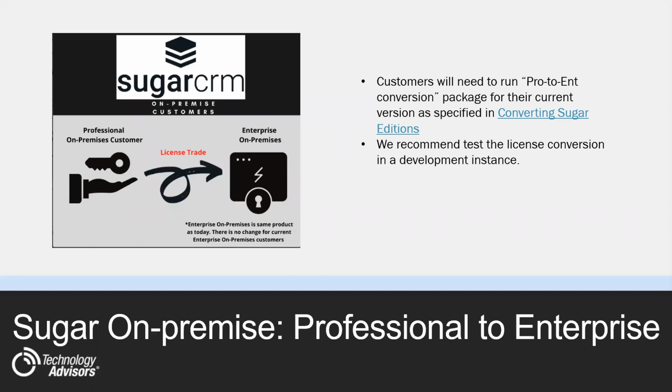Okay, so for Sugar customers running Professional on-prem, what's going to happen is following the version 12 release, Sugar will release a Professional to Enterprise conversion package. So similar to today, you would have to run that at your own timing.